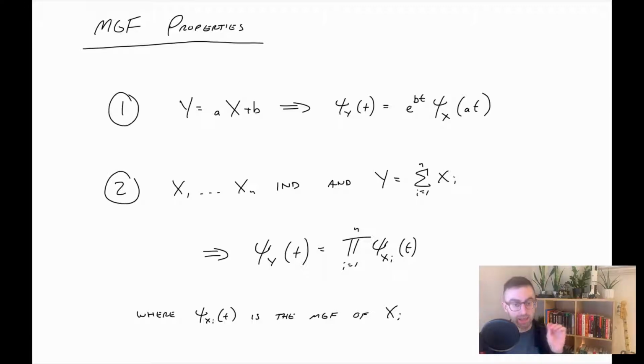If you have n independent random variables, x1 through xn, and you define a new random variable that is the sum of those, call it y, the moment generating function of the new random variable y is equal to the product of the moment generating functions of the original xi's.